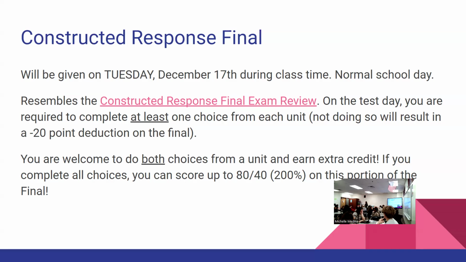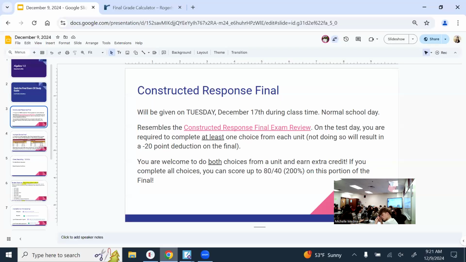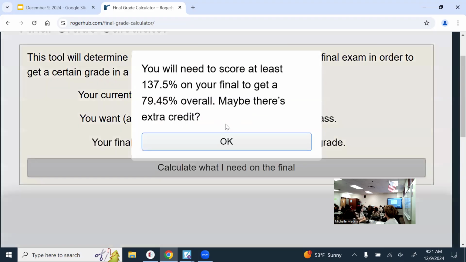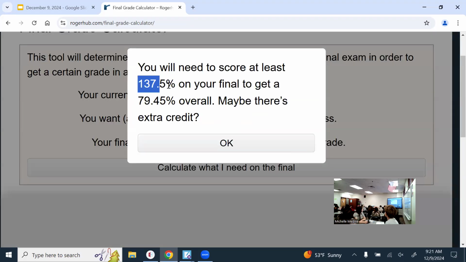So if you are playing around with the numbers, for example, say that you have a C and you really want a B. Let's say your grade is a 73% and you really want a B, which would be a 79.45. This person would need to score this high on their final in order to do that. Is that possible?